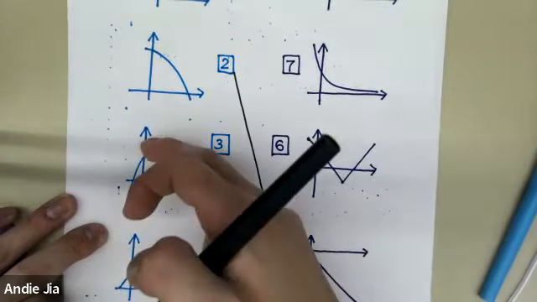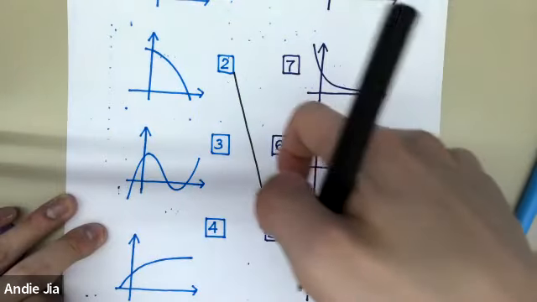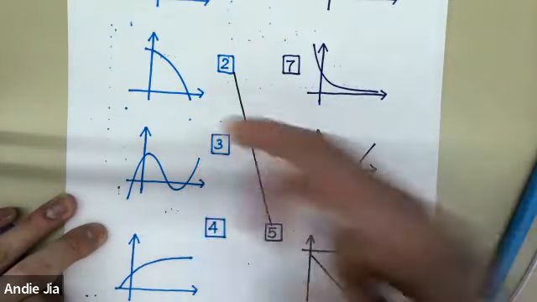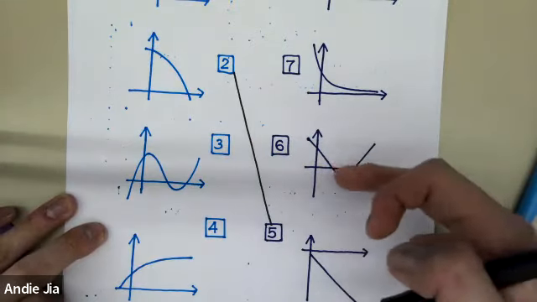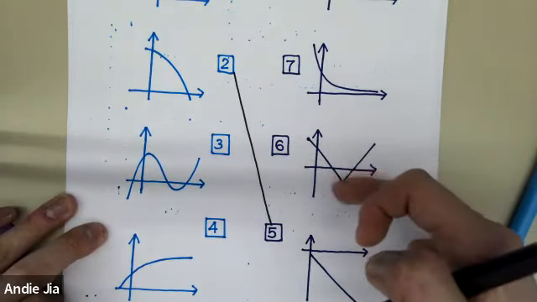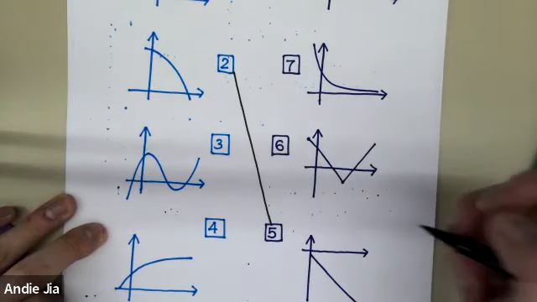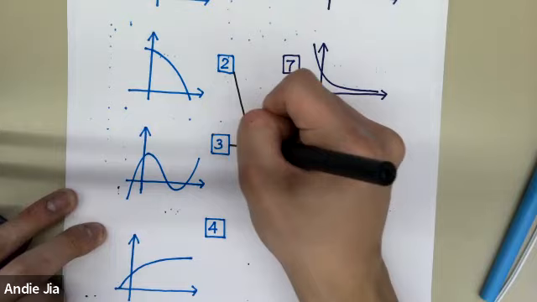It is positive, negative, zero, negative, zero and positive. So number three matches number six.